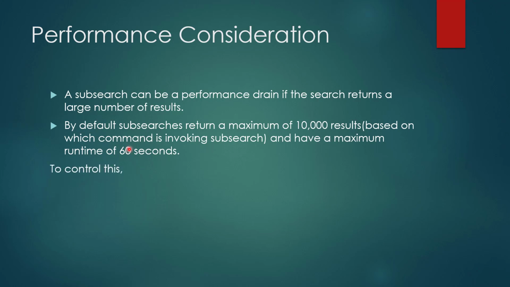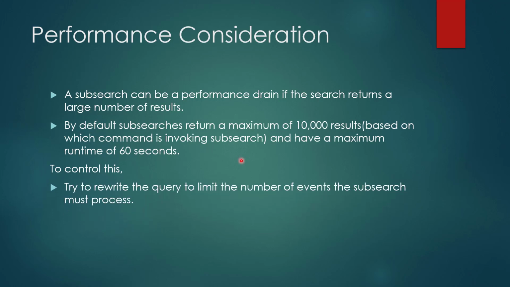Now it may happen that in our case we have to exceed this limit. We have a couple of choices: either we can rewrite the query to keep it within the limit, or we can use the format command. As you have seen, when I invoked the format command for multiple rows, it created a single row, so you can use that feature to limit your number of rows.